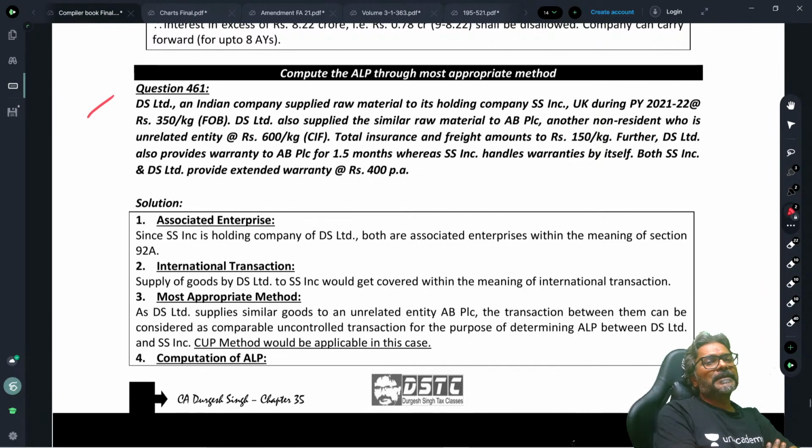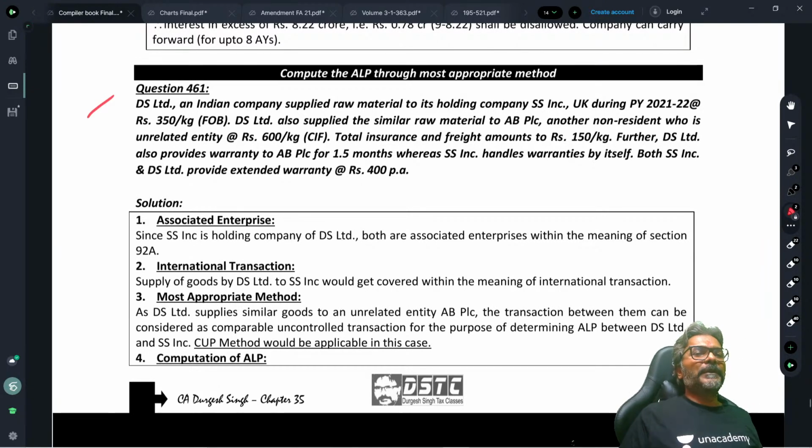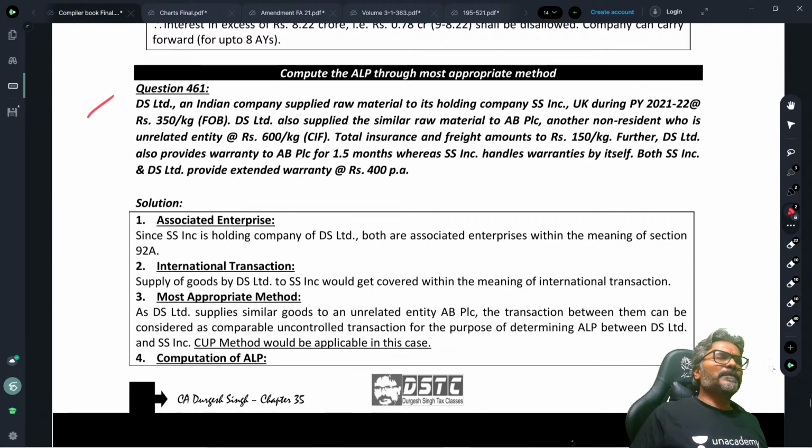Further, DS Limited also provides warranty to AB PLC for 1.5 months, whereas SSINC handles warranty by itself. Both SSINC and DS Limited provide extended warranty at 400 rupees per annum.